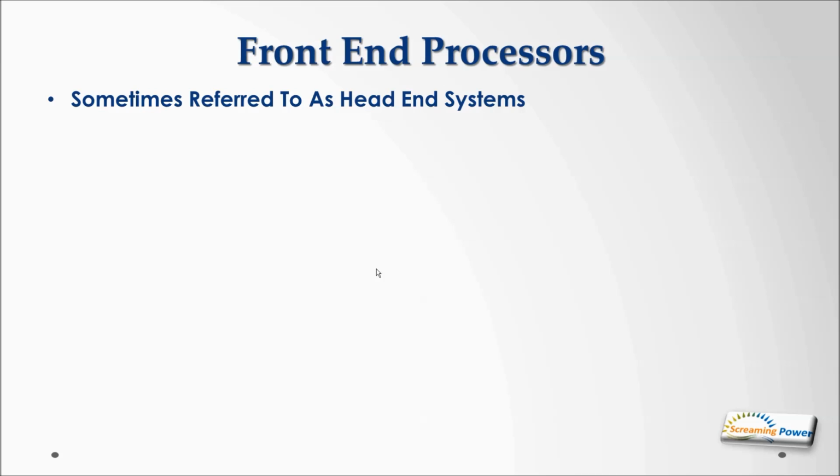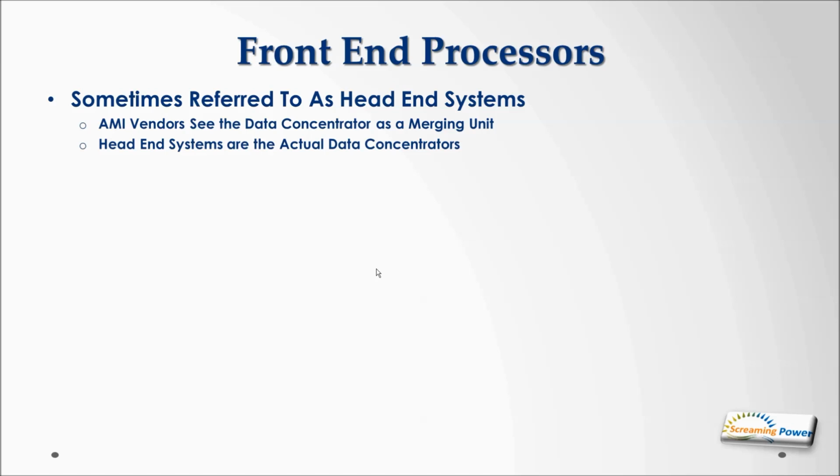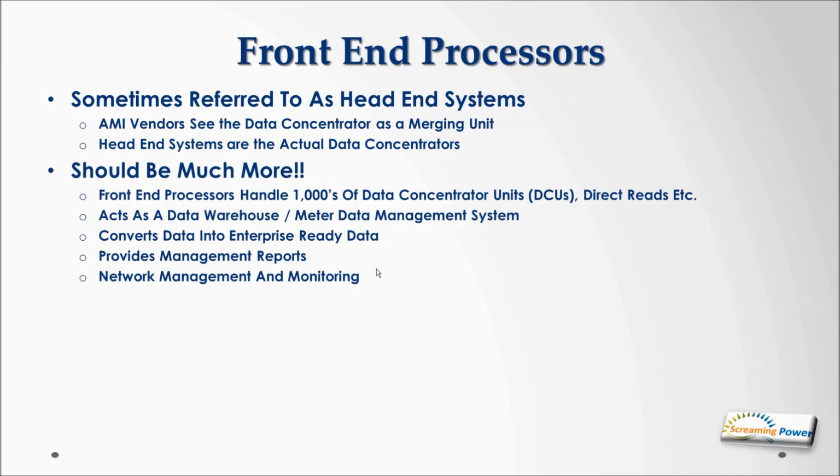In other words, they're receiving streams of digital data, and then they convert it into a common form to be moved within the enterprise, and they don't typically do much more than that. So the AMI vendors see the data concentrator more as a merging unit, and they let the head-end systems perform the tasks of the actual data concentrator.